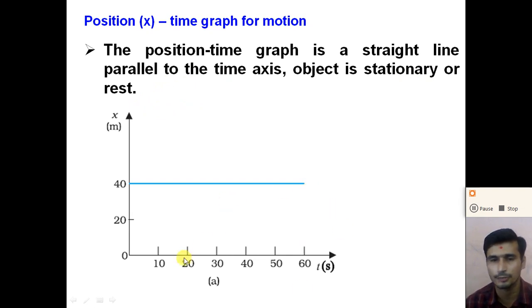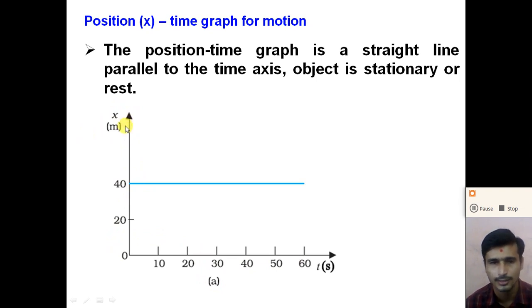Let us take this position time graph. On the x-axis we take time in seconds: 10 second, 20 second, 30 second, 40 second, 50 second and 60 second. On the y-axis we take position x in meters: 20 meter, 40 meter, 60 meter, 80 meter and so on.